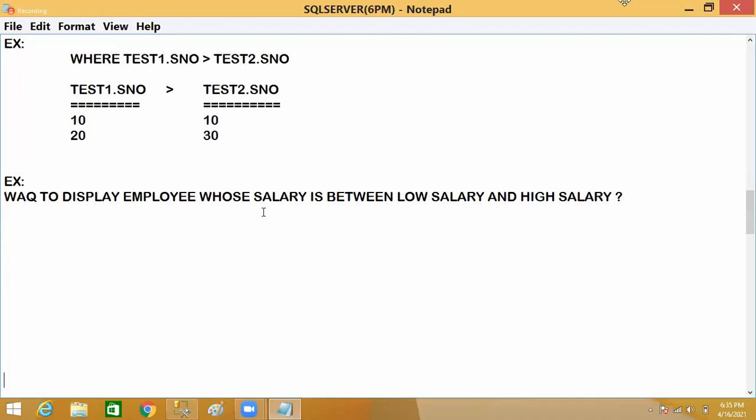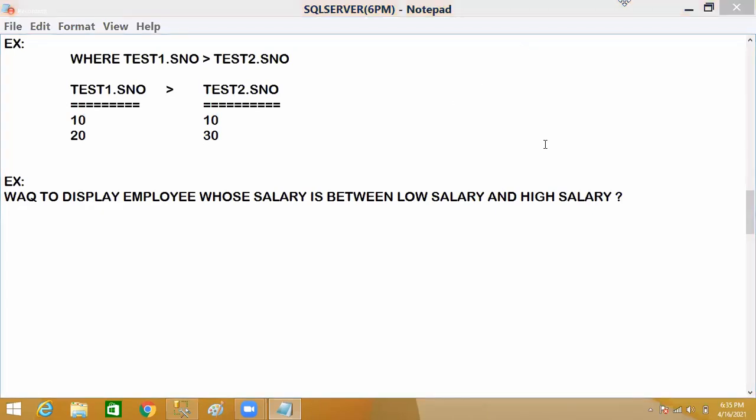That means I want to retrieve the data of employees whose salary is between low and high from the tables. Do you all understand the question? I want to display employees whose salary is between low and high salary.